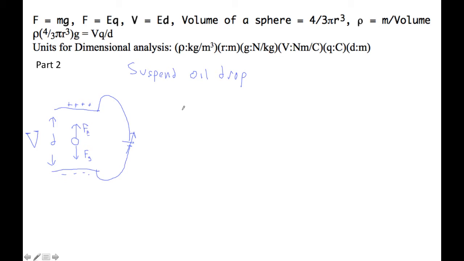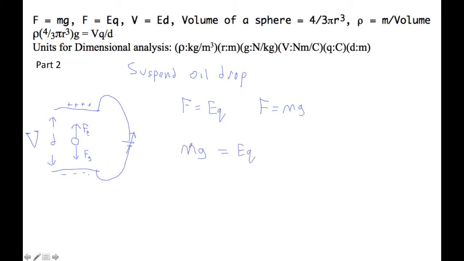The electrical force is F equals EQ, right? So this is the force that the electric field exerts on the charge, and then the gravitational force is mg, right? So ultimately we just set those two equal, right? We go mg equals EQ.